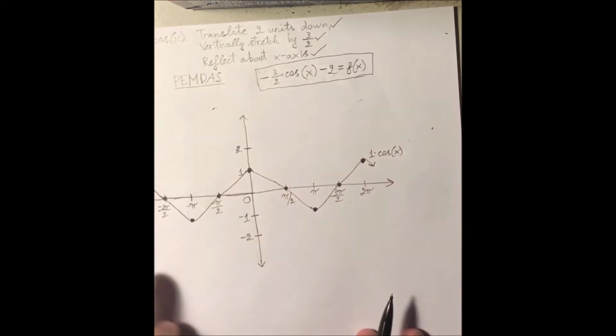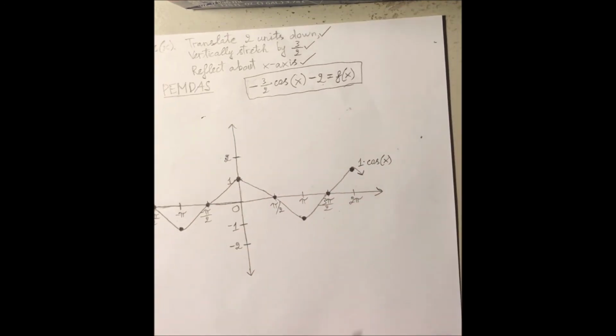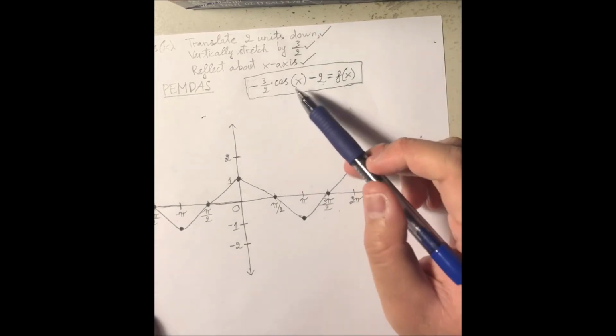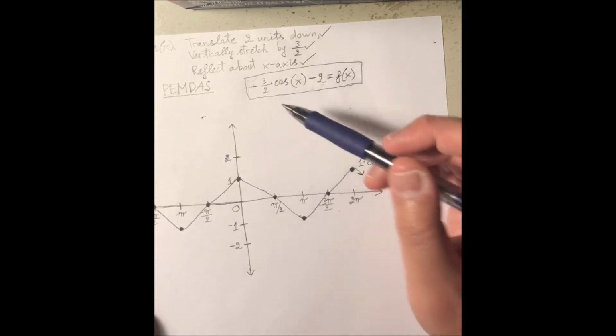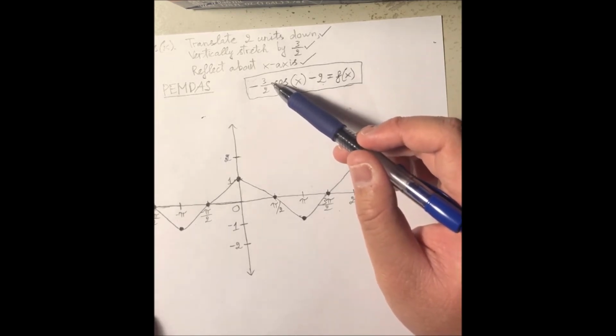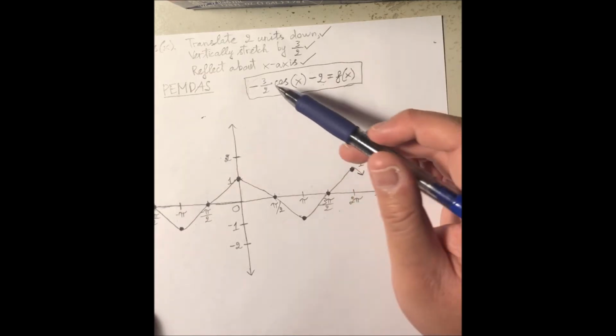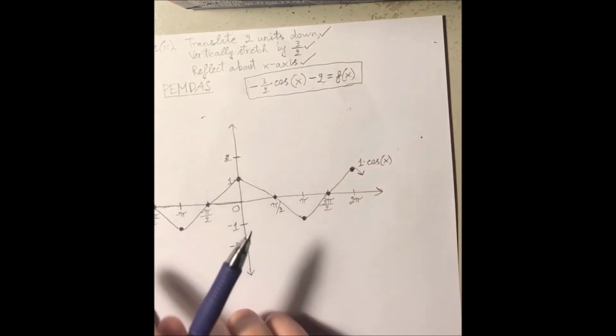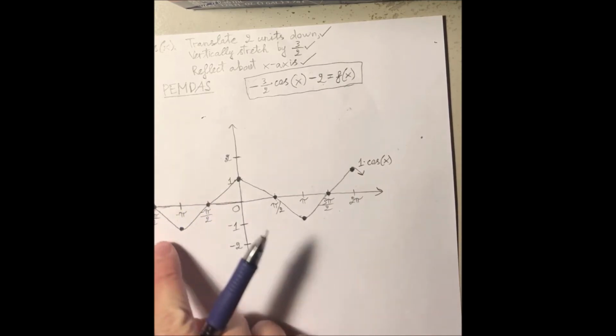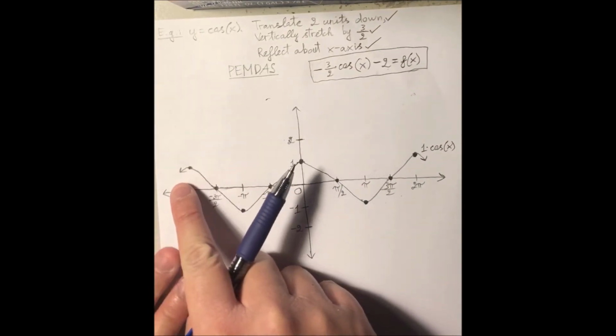Now let's graph the first transformation. Inside of parentheses we don't have anything, so the first transformation that we are going to graph is the vertical stretch by a factor of 3/2. To do that, we take the most recent graph, which is the graph of the parent function here.